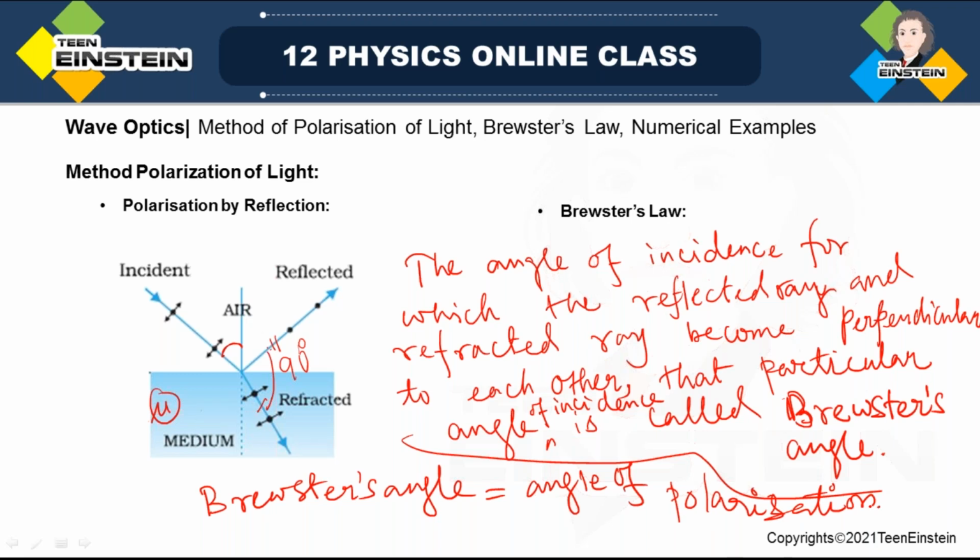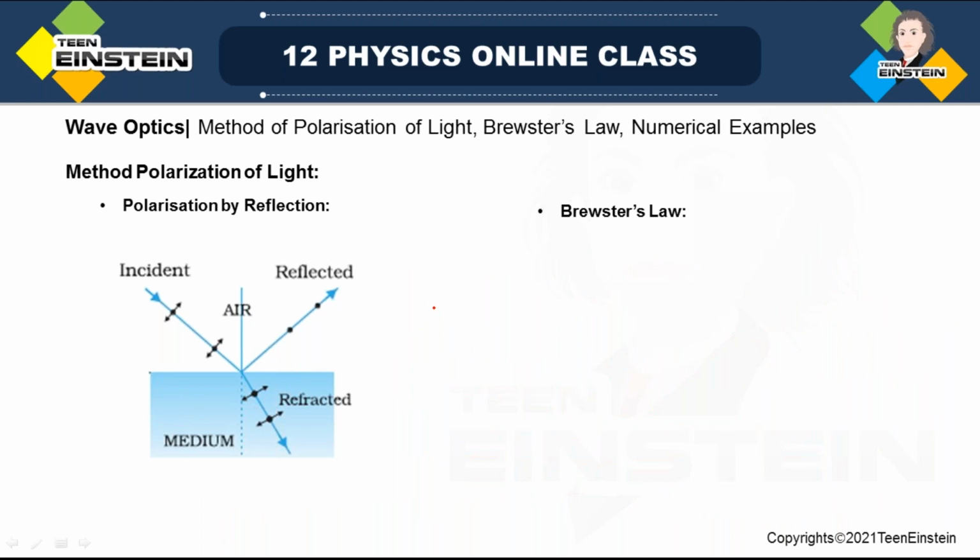He discovered that at a particular angle of incidence this happens for a set of media, and that's why this angle is called Brewster's angle, after David Brewster. And we'll see there is a nice law given by Brewster. We'll try to find out what Brewster's law is.